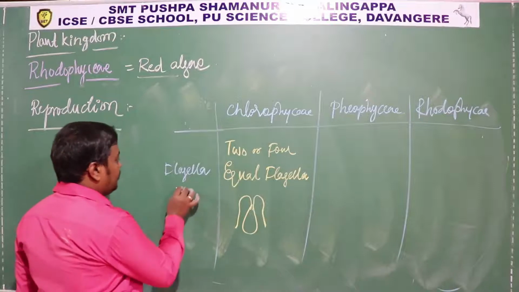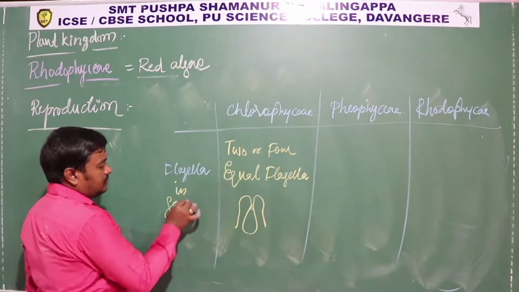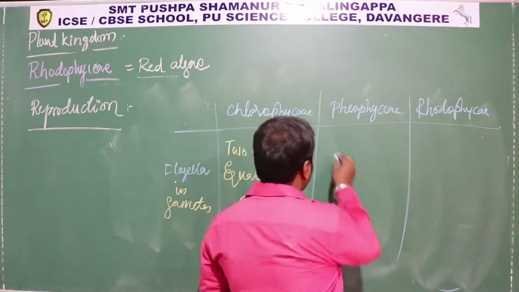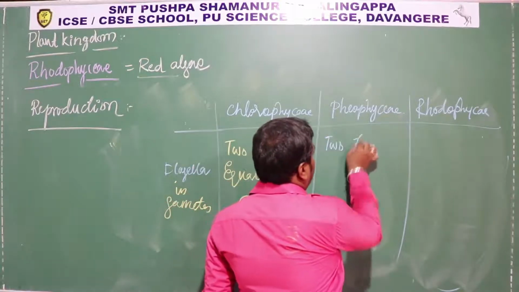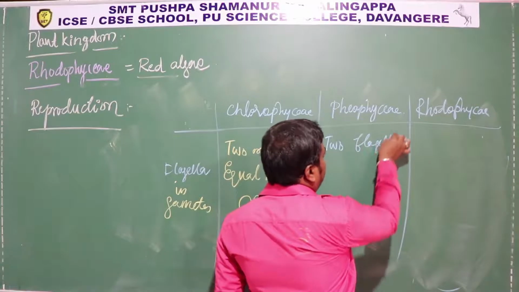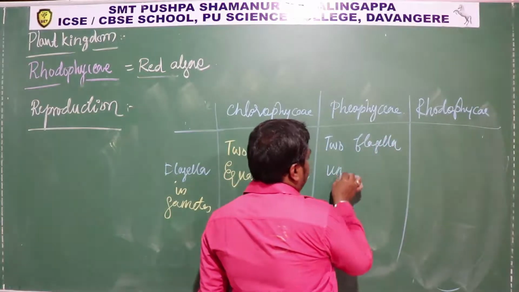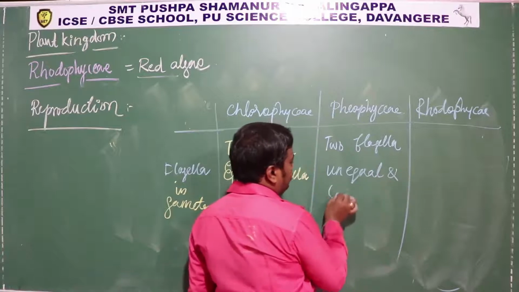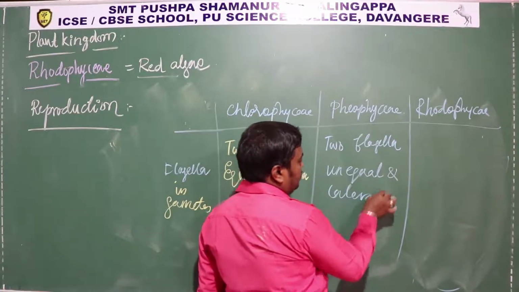Whereas in phaeophyceae, there are 2 flagella, unequal and lateral.